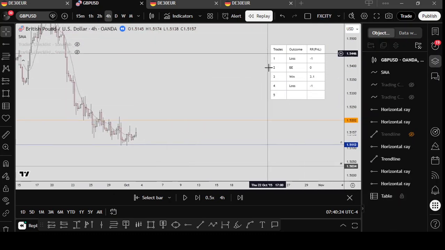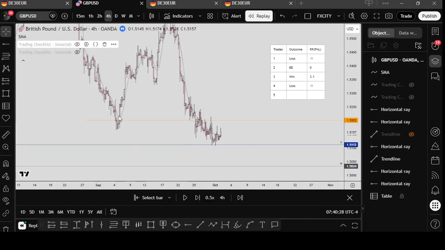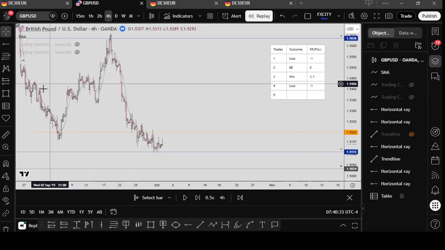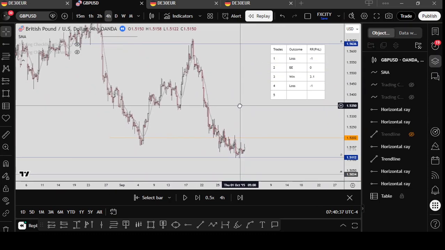So at the end of the month, because this is just 1 month of price action where we actually didn't get a lot to work with, right? We didn't get a lot to work with.